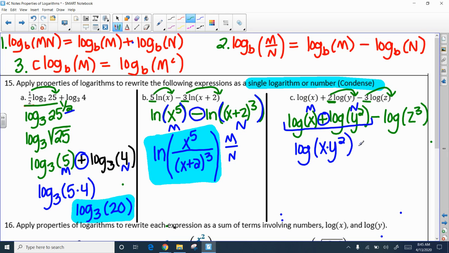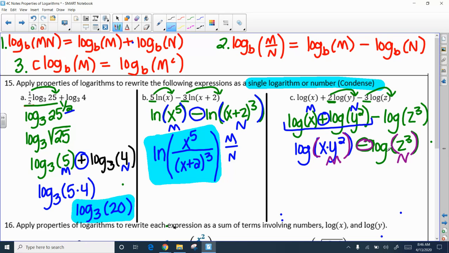Now we still have this one, minus log of z cubed. Now I can put these two together using the second property here with the subtraction. So these two now have a minus sign in between. And so this is log of m, this whole thing is m, minus log of n, this whole thing is n.